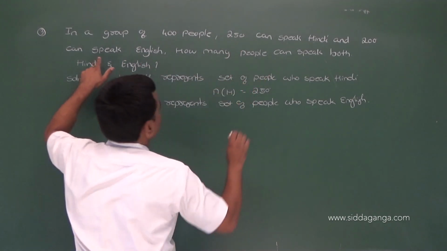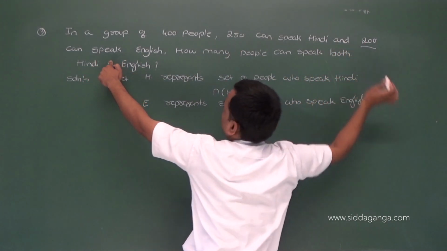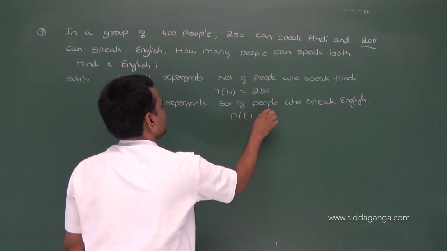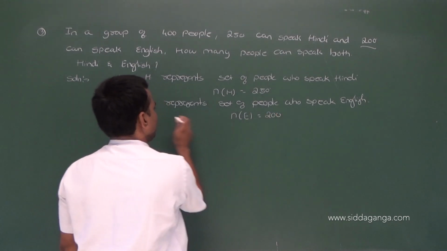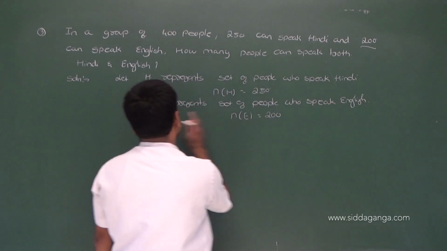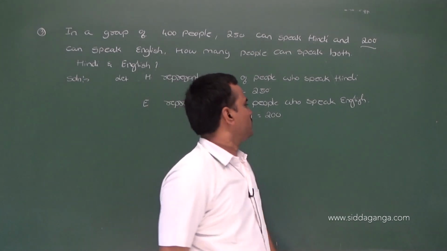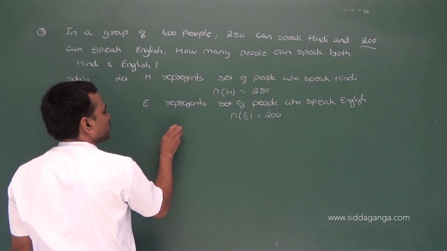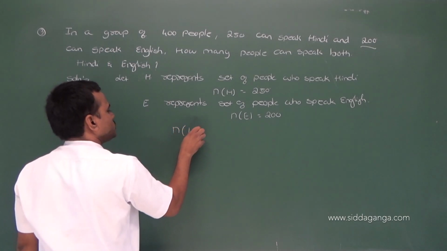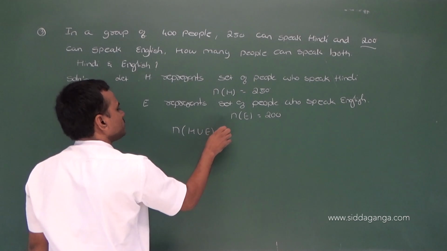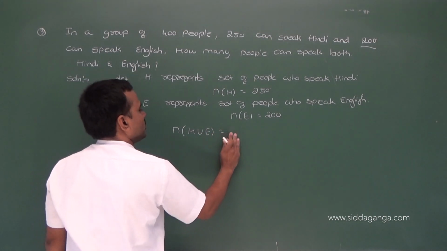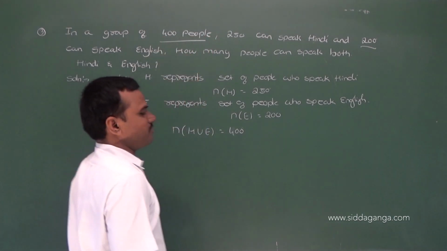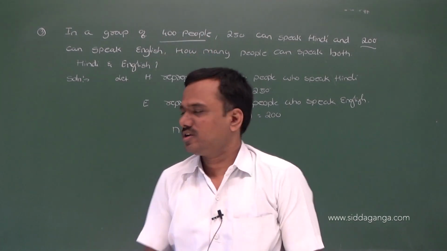So what is given? 200 can speak English, N of E. Alphabet E is there, that's why I take E. One more thing he has given: in a group of 400 people, that means N of H union E is 400.